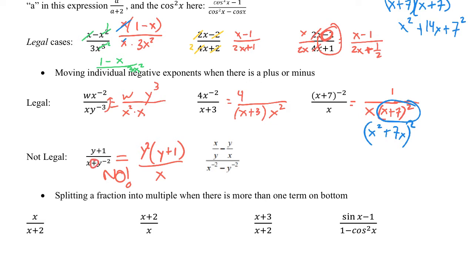And similarly here, you can't just be like, oh, this is the same as 1 over x squared plus y squared, so I could flip that and say, so this is x over y minus y over x times x squared minus y squared, because I'm flipping it from the bottom and it comes up to the top. I meant to have that be a minus, whatever.